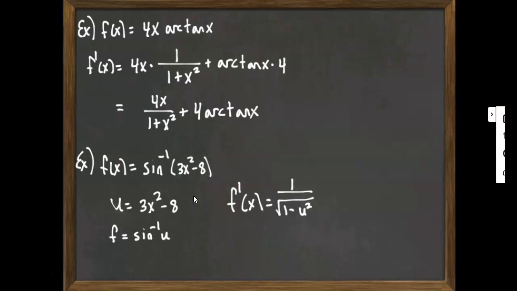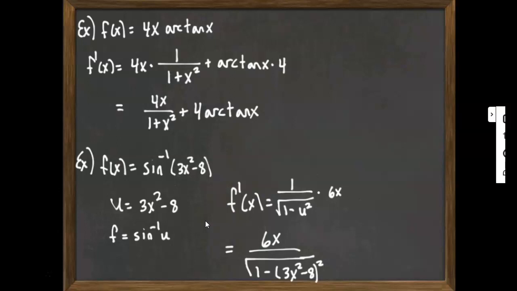And then that's going to be times, by the chain rule, the derivative of u, which would be 6x. And then we just want to clean this answer up a little bit, make it look a little nicer. So we can write that as 6x over the square root of 1 minus the quantity 3x squared minus 8, quantity squared.